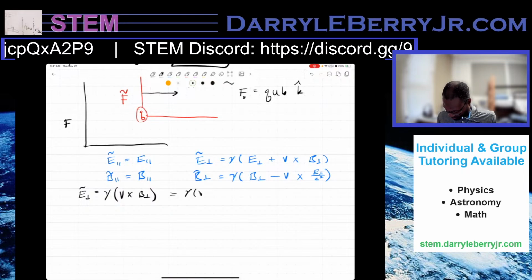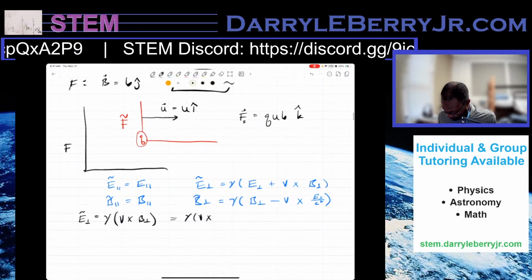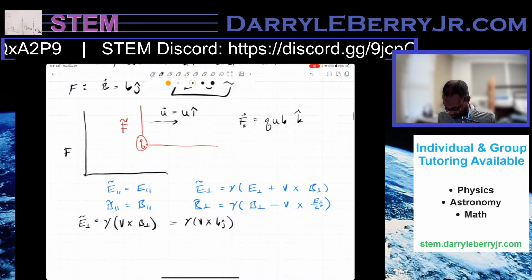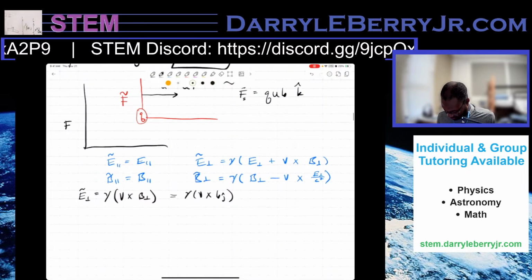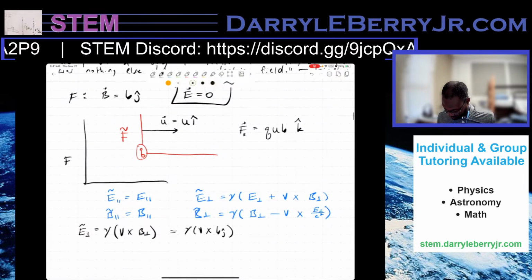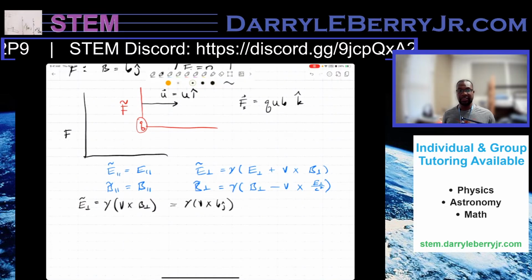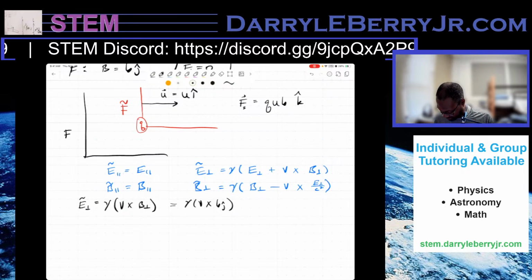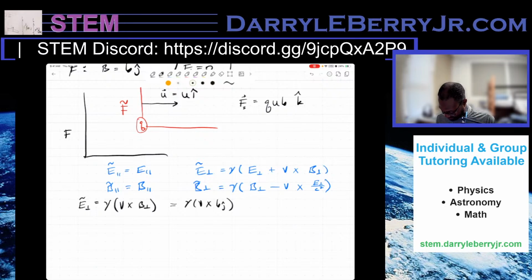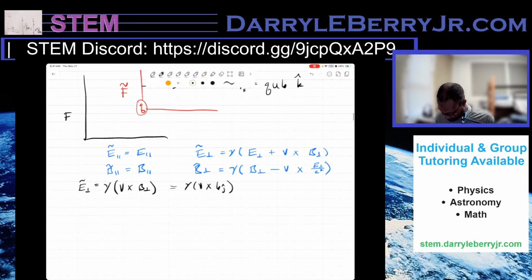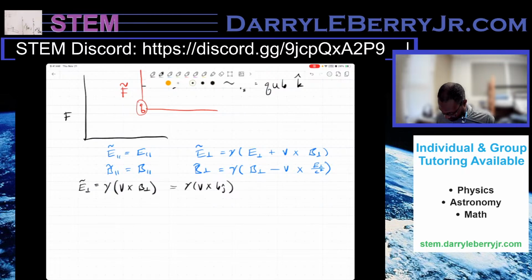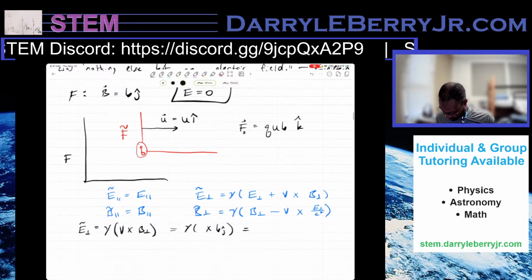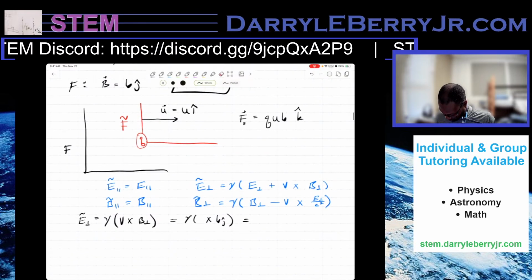So that's gamma V cross B j. Because we have a B, it's only in j, and we know it's going to be perpendicular, only the perpendicular component matters. And we know that velocity is in x, so we can input the velocity as well, u i.